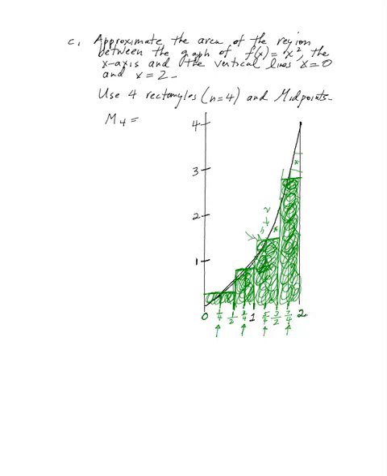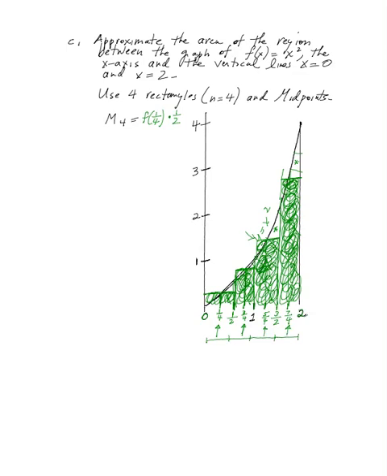Area of the first rectangle is f of 1/4. That's the height. 1/4 was my midpoint. So f of 1/4 is the height of my rectangle times 1/2. Again, my subintervals go from 0 to 1/2, that's a half; from 1/2 to 1, that width is a half; from 1 to 3/2, again that distance is a half; from 3/2 to 2, that distance is a half.